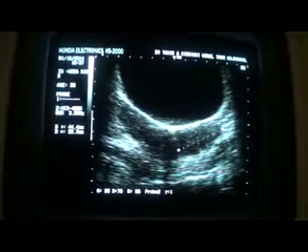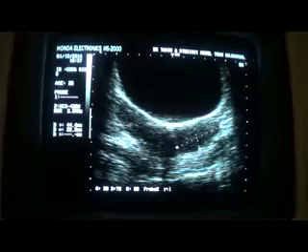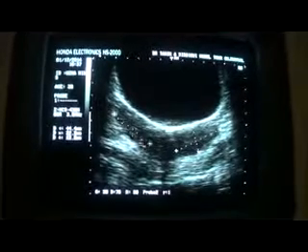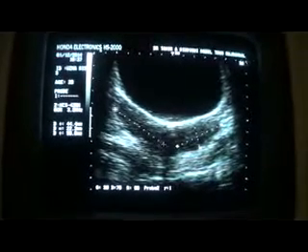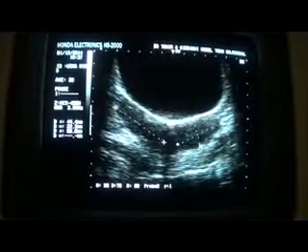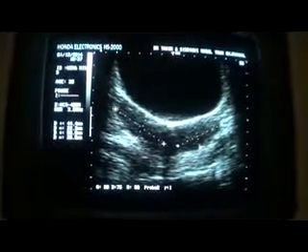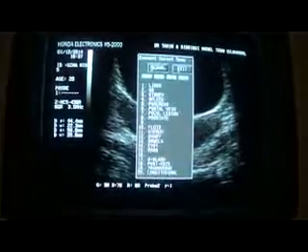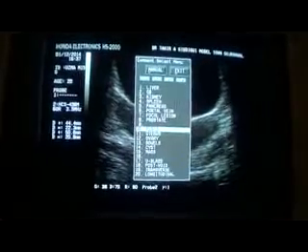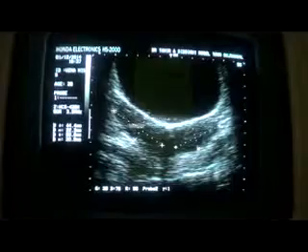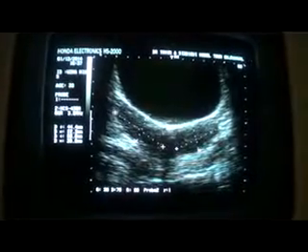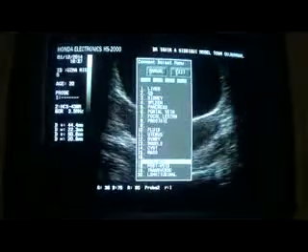This uterine body measures 4.4 by 2.2. This uterine body measures 5.0 by 2.0. So the size of both the uterine bodies is relatively less as compared to the normal.